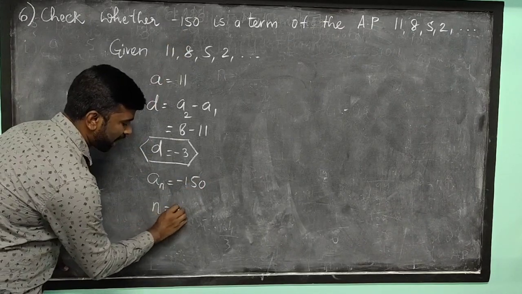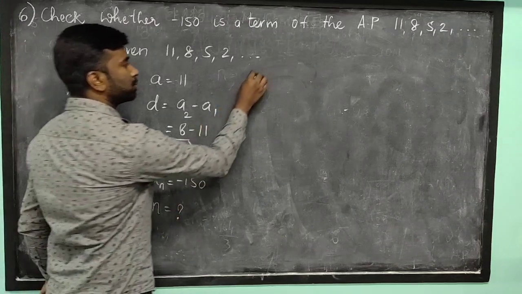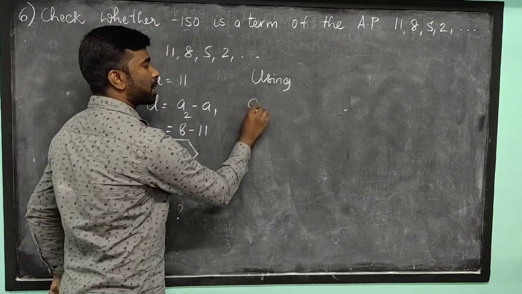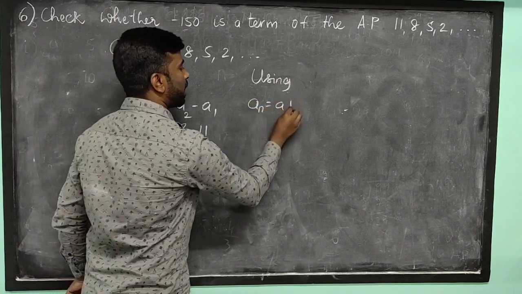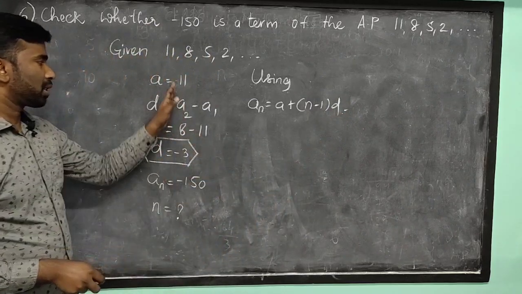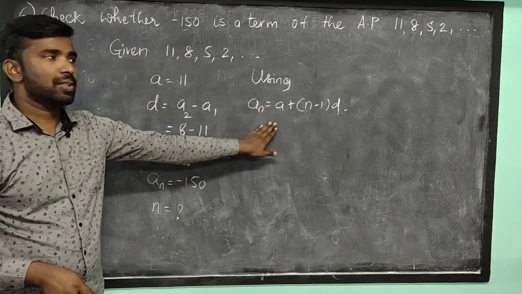Now we should find out the value of n using the nth term formula, that is an equals a plus n minus 1 into d. Now substitute all these values in this formula.